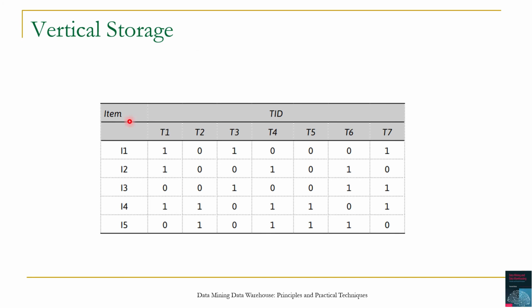Now in case of vertical storage, we are storing the data about transactions vertically, or in simple words, we are creating one column for each transaction. There are a total of 7 transactions, so we have 7 columns for transactions, while one column has been created to store the information about items. There are a total of 5 items, so items appear on the rows, while transactions appear on the columns in case of vertical storage.